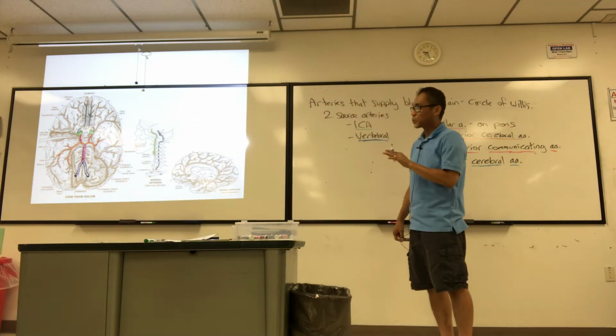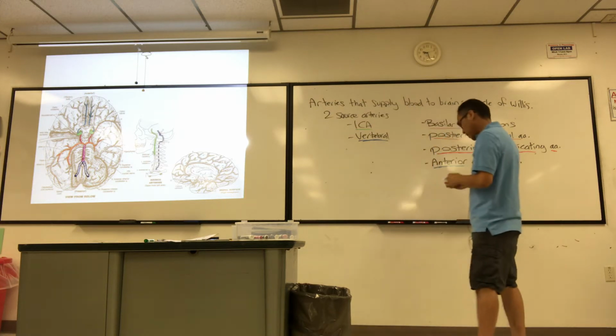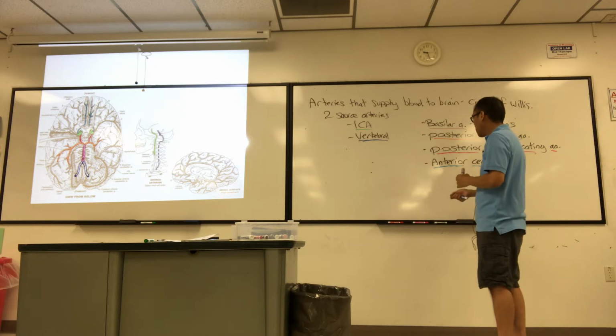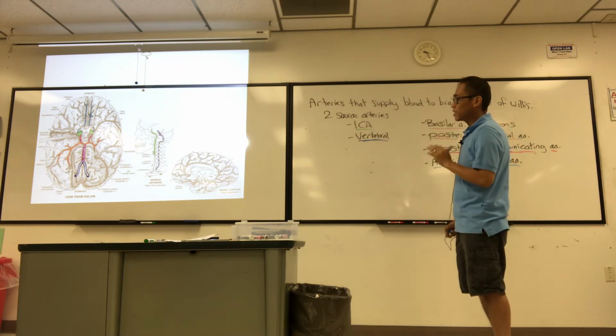Now, to complete the circle at the top, there's a very short artery that connects the two anterior cerebral arteries. And there's one very short anterior communicating artery.